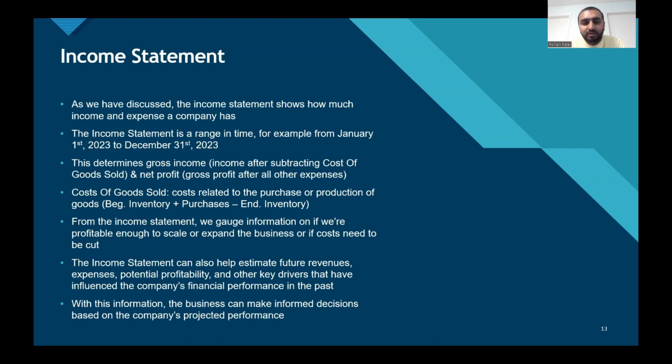This is something that allows for more opportunity and more growth for the business if those are the goals, which they obviously should be. But with this information, the business can make informed decisions based on the company's projected performance.